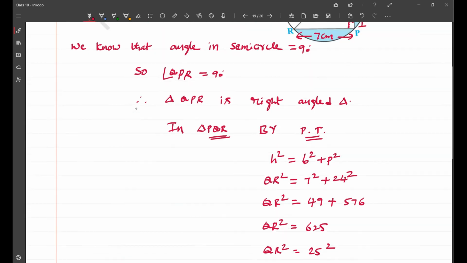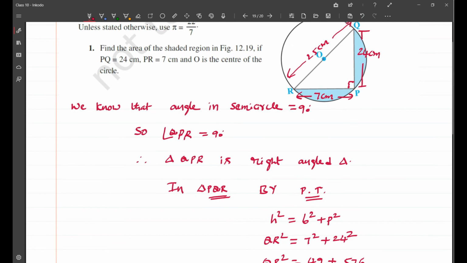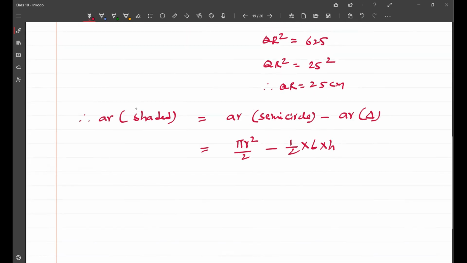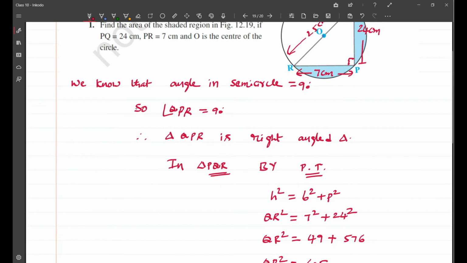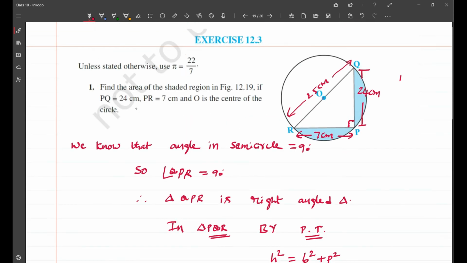Now see, we got here diameter as 25 centimeter. Here I am mentioning in nearby figure only. In this figure, diameter equal to 25 centimeter. So radius will be 25 by 2 centimeter.